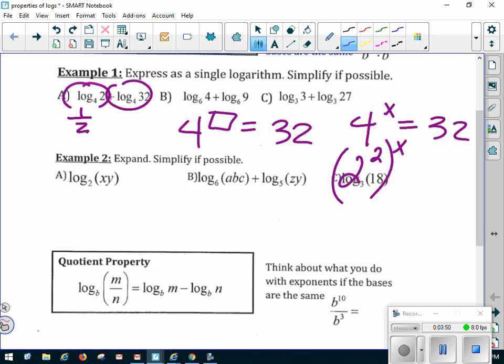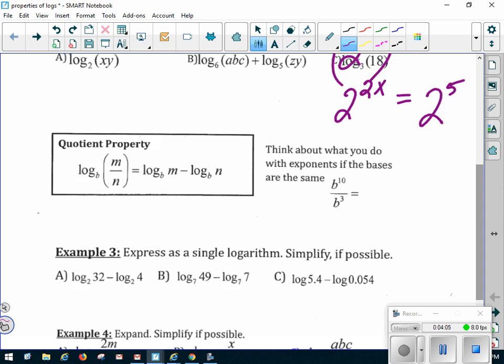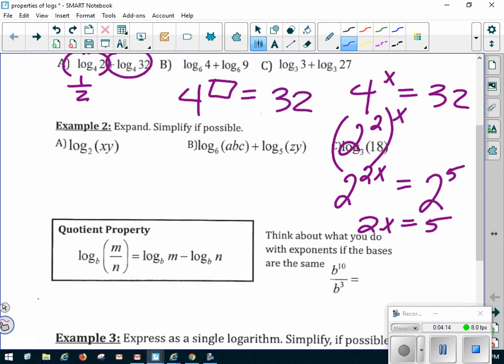So that's 2 to the 2x, but this is 2 to the 5th. So if 2 to the 2x equals 2 to the 5th, then we know that, right? So what's x equal? 5/2. So what we've got here is 1/2 plus 5/2, which is 3.